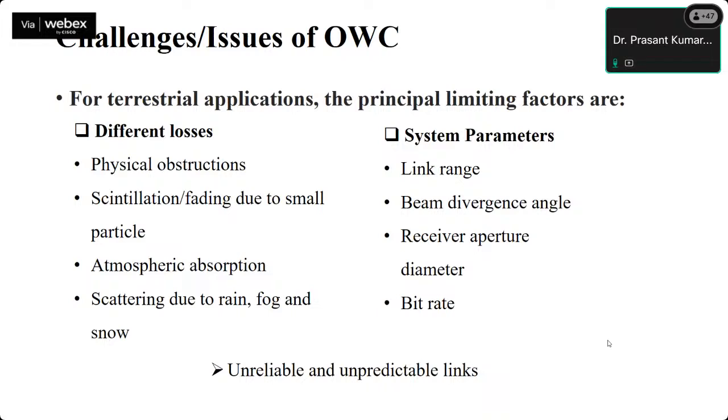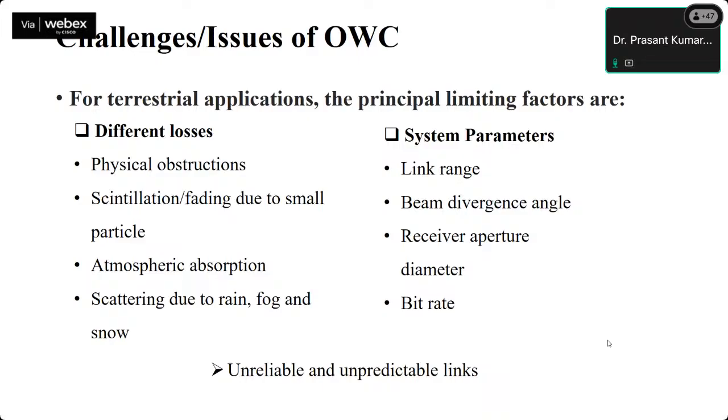Similarly, one can also have scintillation or fading effects due to the small particles available in the atmosphere. There may be atmospheric absorption and turbulence due to atmospheric temperature variations, and scattering due to rain, fog, and snow.